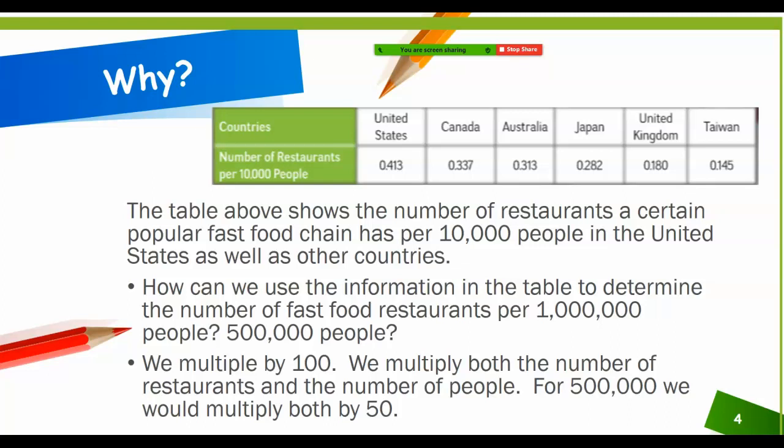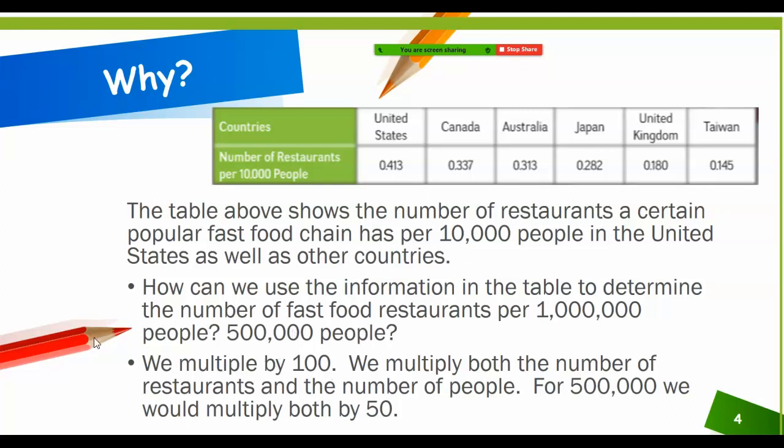So the table above shows the number of restaurants of a certain popular fast food chain per 10,000 people. How could we use that information to get to 1 million people or 500,000 people? So if the table gives you 10,000 and we wanted to get to 1 million, how could you go from 10,000 to 1 million? What do you think, Dominique? Yeah, we're going to multiply.